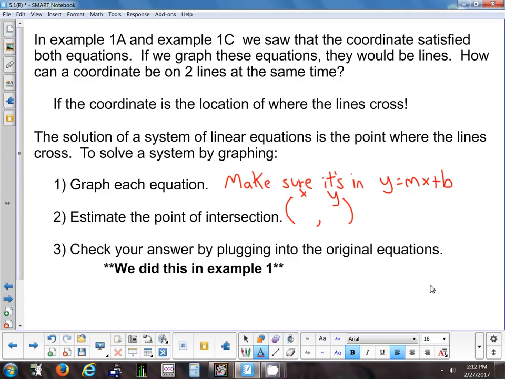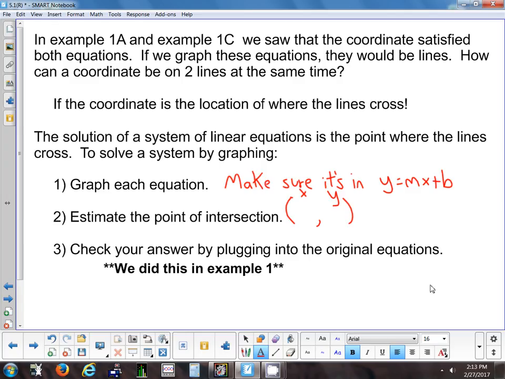And we did that in example 1. Basically what we did in example 1, and those 3 different ones we did, we practiced checking. We got the coordinate, we had to plug it in and check if it worked or not. Like I said, we were working backwards. So those are the 3 steps.